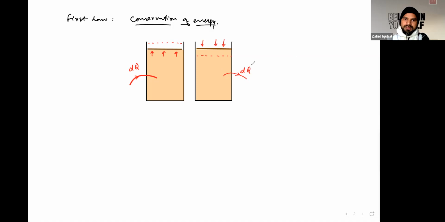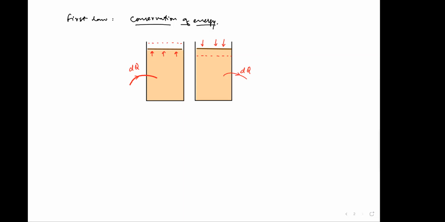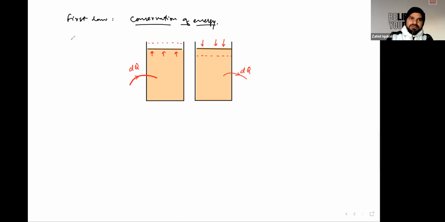So we can say from this entire part, the heat supplied or ejected from this system must be utilized in two processes. First, to change the internal energy of the gas, and second, to do some useful work, either in expansion or in compression of the gas. Is it clear? Yes, sir. That's why it is based on conservation of energy.